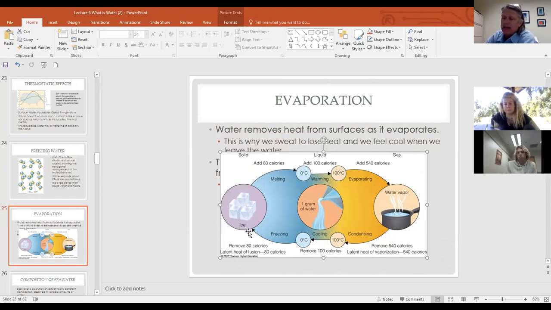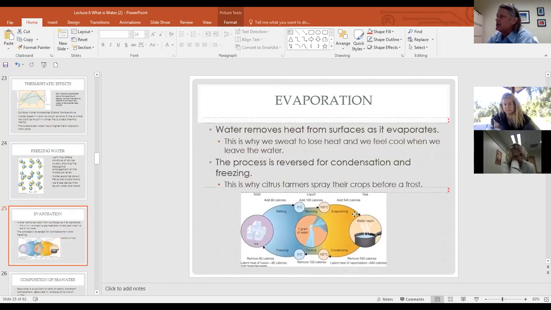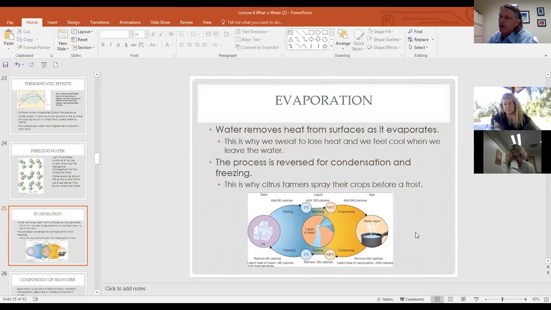So ice acts like an insulator sometimes, and as something freezes, it takes 80 calories to freeze it, and it would protect the fruit. So farmers, especially citrus farmers, if there's a freeze warning, turn on the sprinklers right before it gets dark out, so the ice can freeze, insulate the plants, and pull that negative heat as opposed to having their fruit freeze.